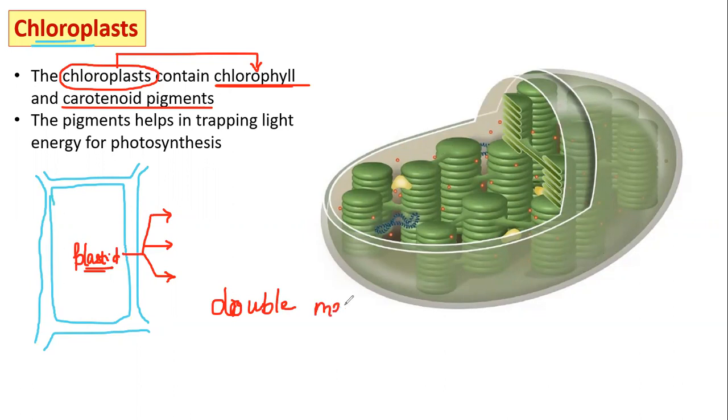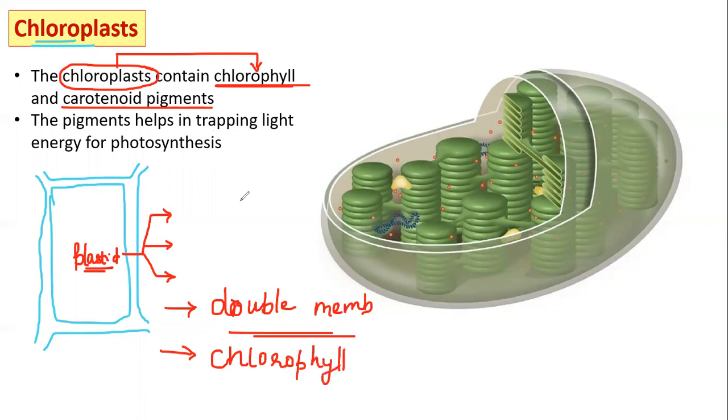Chloroplast is a double membranous structure that contains the green colored pigment called chlorophyll, which is a very important one. What is the main function of this chlorophyll? In your lower classes you studied that it gives green color to the leaf, but that is not the function of chlorophyll or chloroplast.